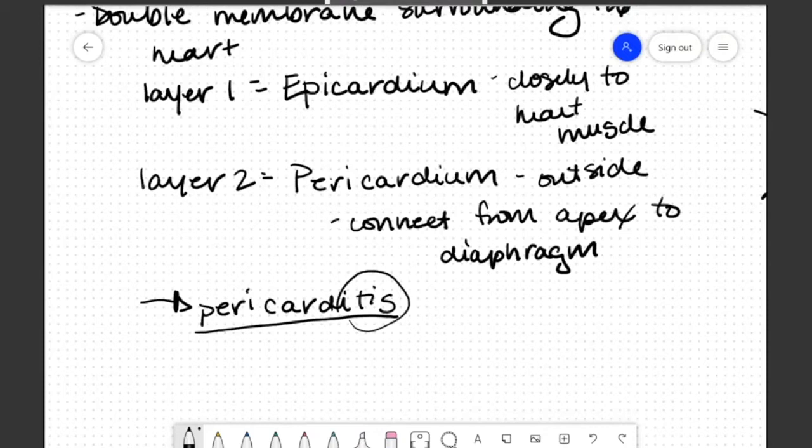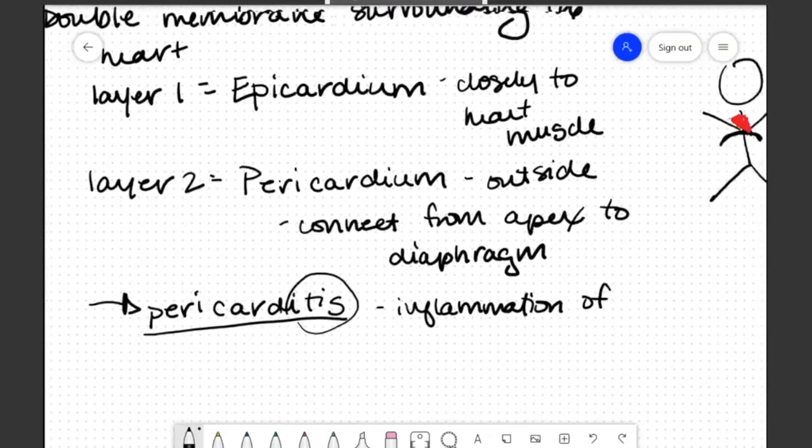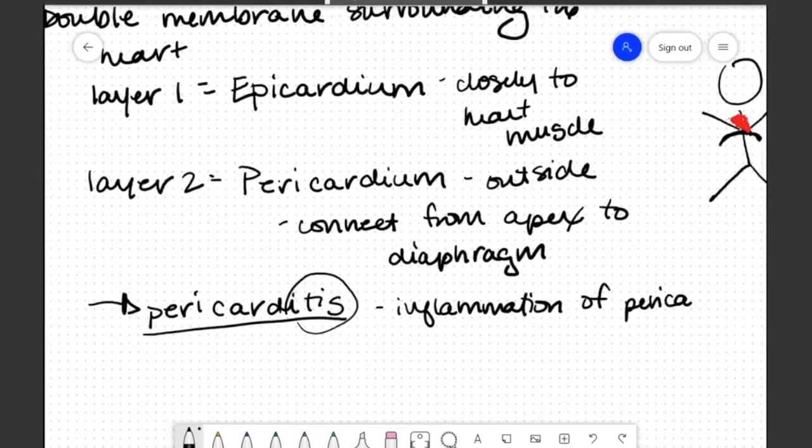So this is going to be inflammation of the pericardium. And what inflammation of the pericardium is saying is that the space between the pericardium and the epicardium, because it is 2 layers. So here's your heart muscle. Here's your epicardium, and here's your pericardium, because it's 2 layers surrounding it.